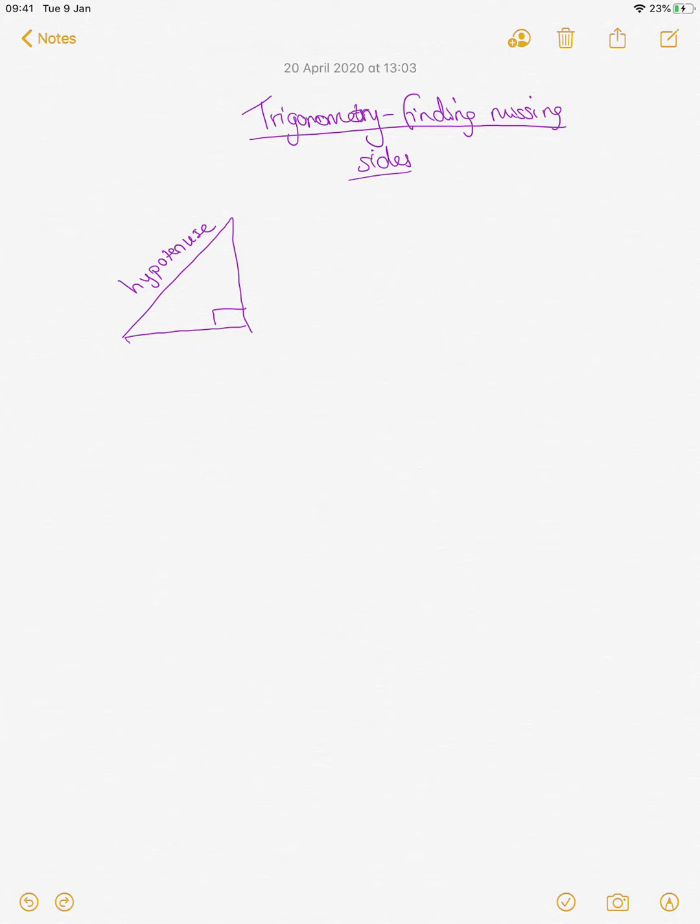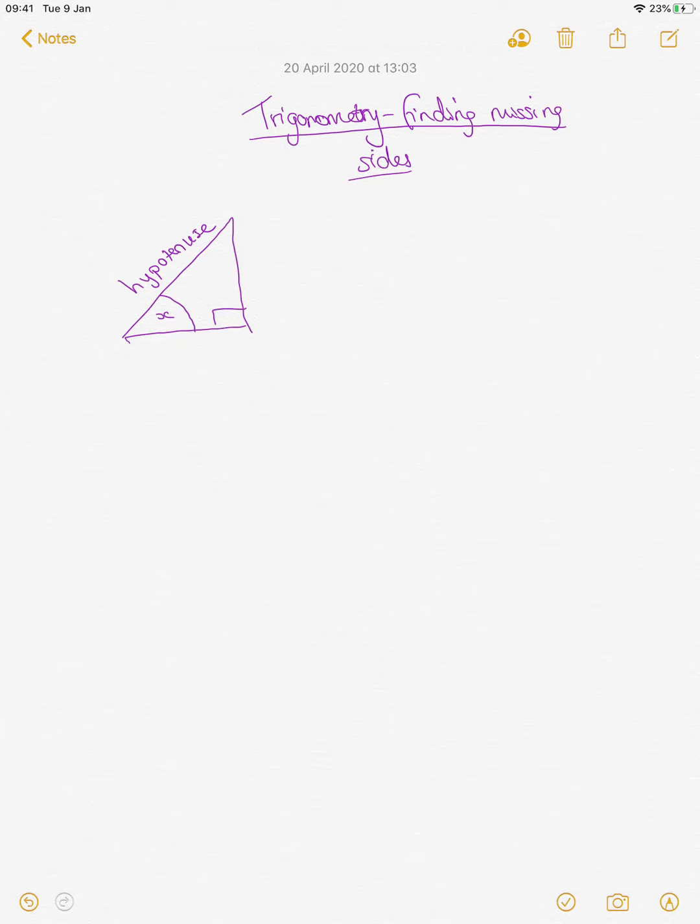Now your other sides are labelled in relation to another angle, not the right angle, another angle that will be given in the question. So let's imagine we're given this one and it's just called x for now. It could be 50, 60, it could be any degrees, but we don't know it, let's just call it x.